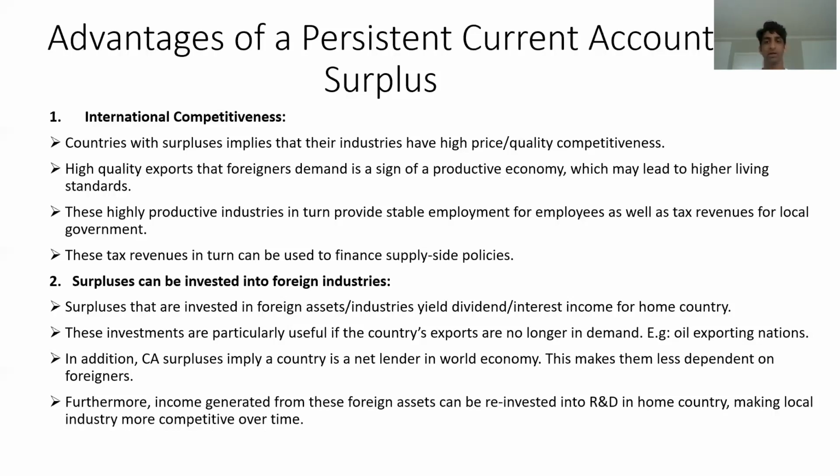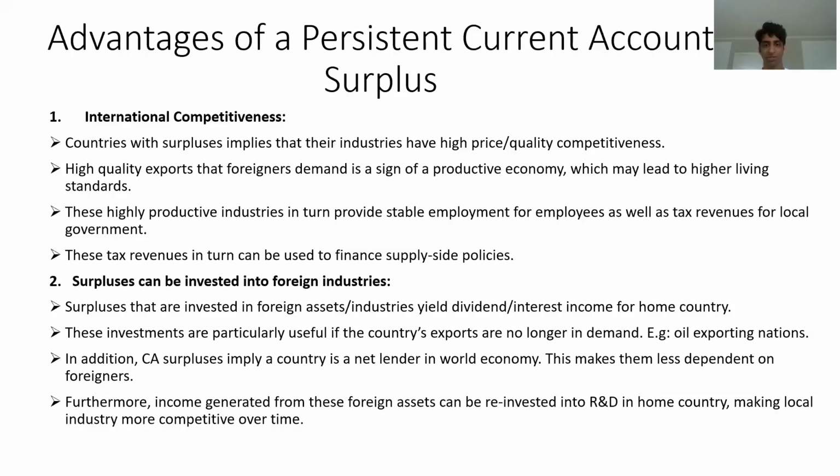And as a result, that's particularly useful if your country's exports are no longer in demand. So let's say I was generating these high current account surpluses because I was exporting cars, or exporting oil or something like that. And let's say all of a sudden foreigners don't want my products. I've got a huge problem, right?